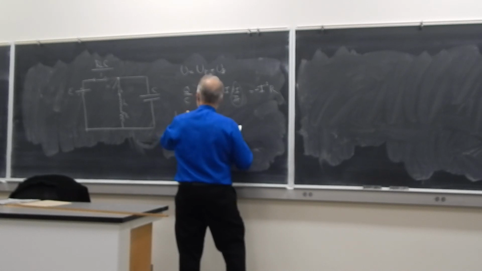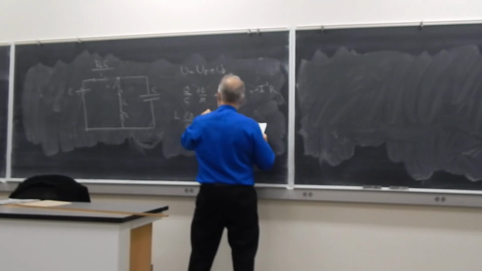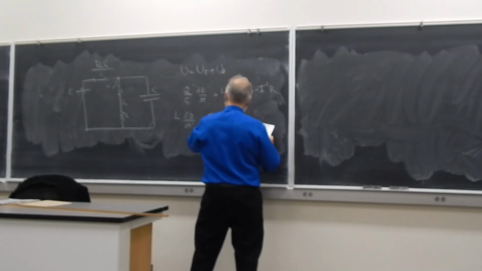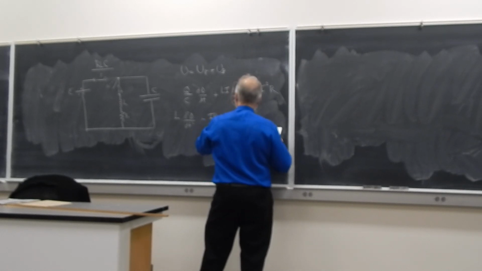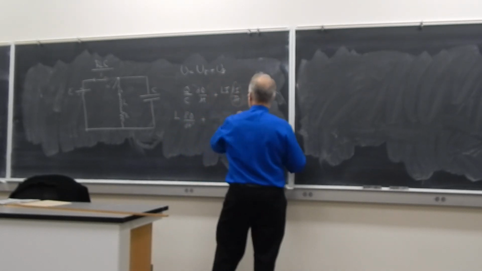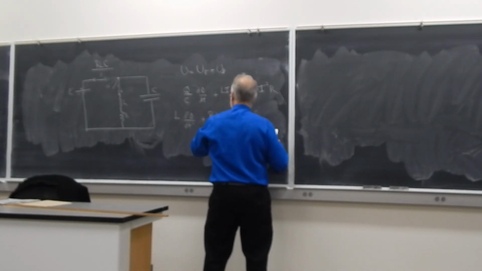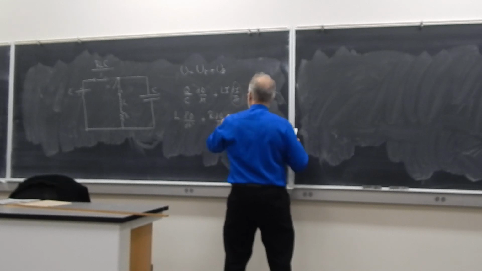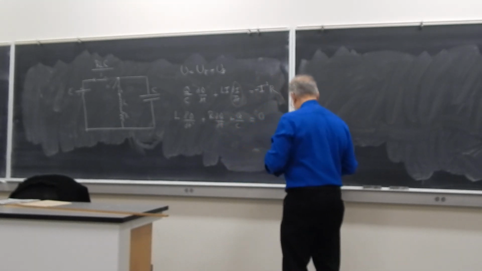It looks like this. L times the second derivative of charge with respect to time, plus R dQ/dt, let's get all the variables the same, plus Q over C is equal to 0.